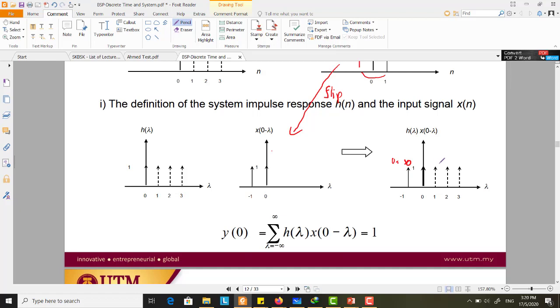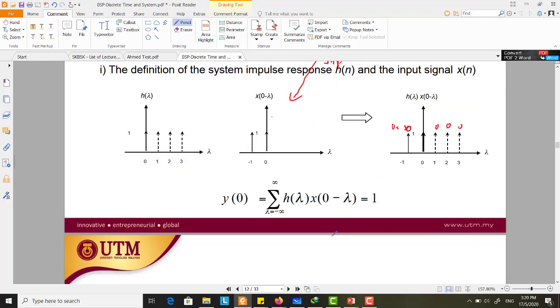So anything multiplied with 0 becomes 0. The one which has a non-zero value is at this position where your hn and your xn both have some number, which is 1. So 1 times 1 is 1. So now your y0 equals 1.